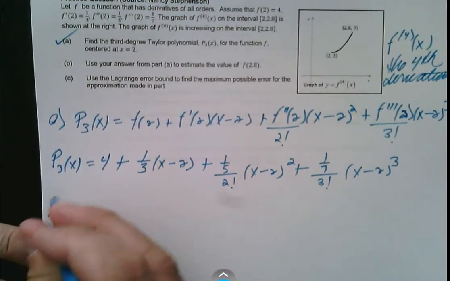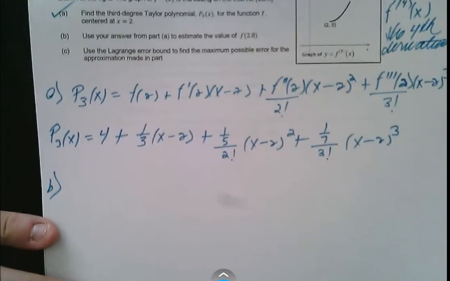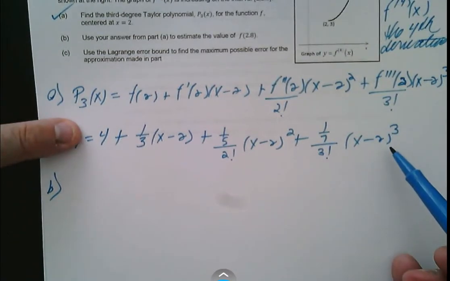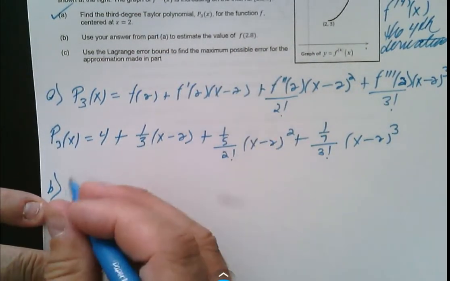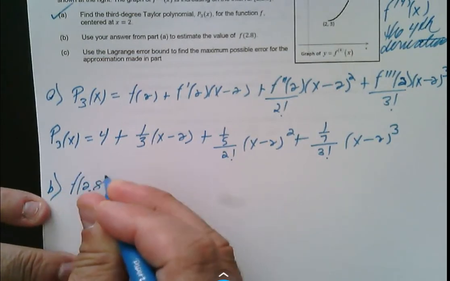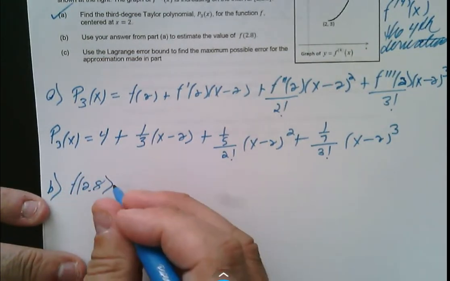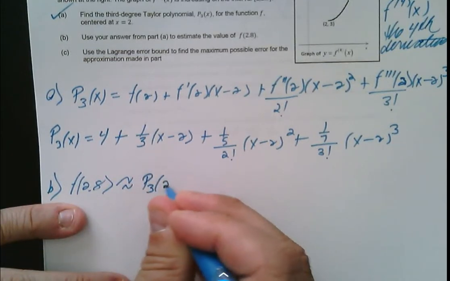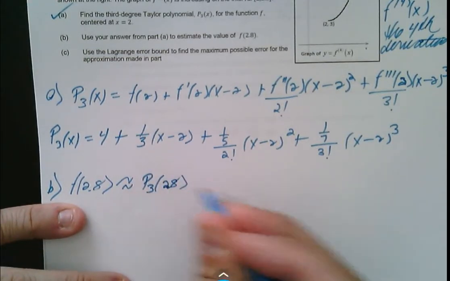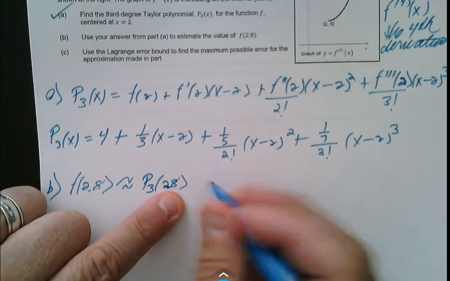Okay. In part B, it says use your answer from A, this guy here, to estimate the value of f of 2.8. Well, f of 2.8 is approximately what you get when you evaluate your degree 3 Taylor polynomial at 2.8.